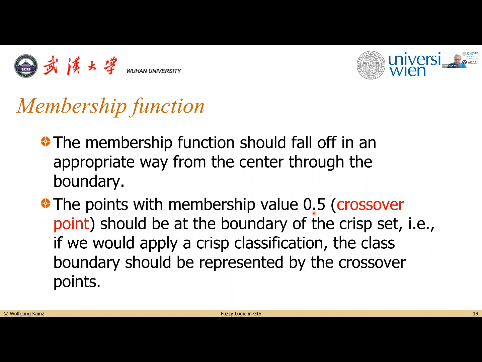Now, how do we choose a membership function? How do we define it? By now, you should already have some idea how we do that. We have a concept, a model, like tall people, steep slope, or moderate elevation. So for our particular purpose, we have some concept of how we would define tall, how we would define flat slope, how we would define moderate elevation.